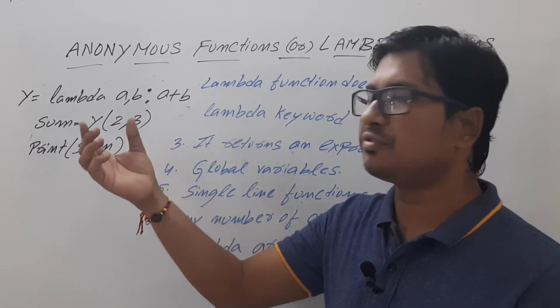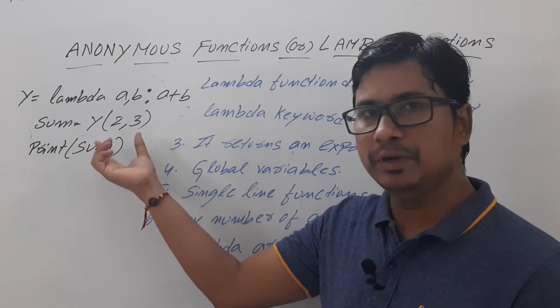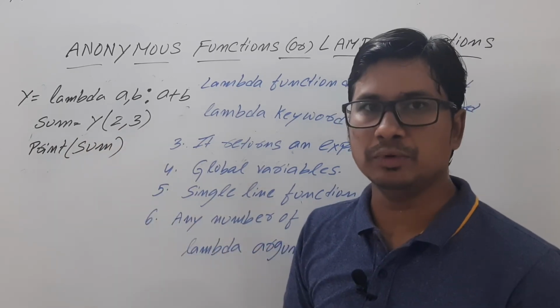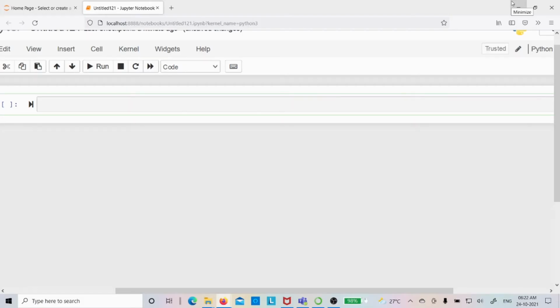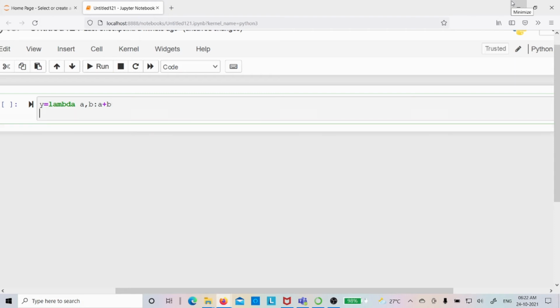For better understanding, I will implement this in the Jupyter notebook. Now, let me write the program. Let me take a variable y and then I will take the lambda keyword, and then the parameters and then the expression.